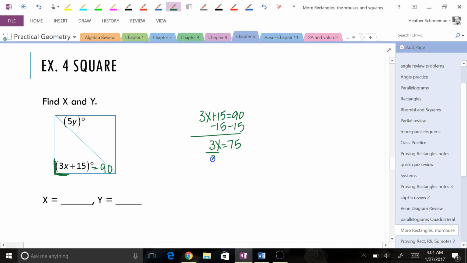We get 3x equals 75. Divide by 3, and x is 25. Now for the y. The y one doesn't make an L, it makes more of a V, which means it's going to be 45. So 5y equals 45. Divide by 5, so y is 9.